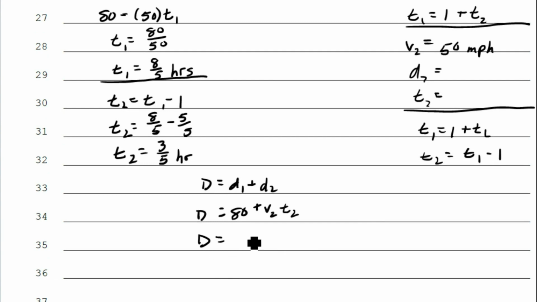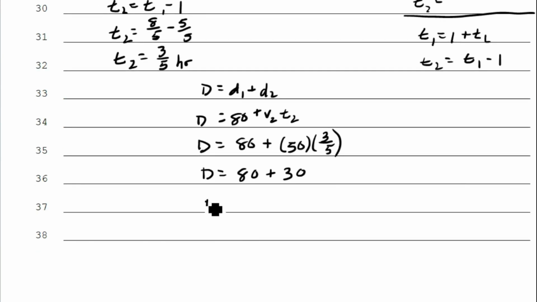We have D equals 80 plus 50 miles an hour times 3/5. So D equals 80 plus 30. Distance apart after car 1 has gone 80 miles is 110. 110 miles apart.